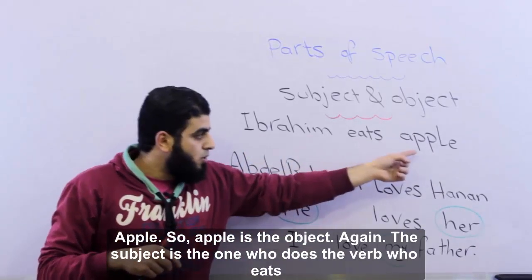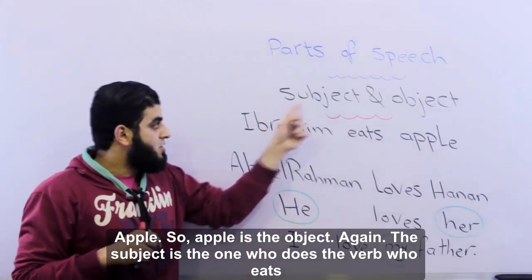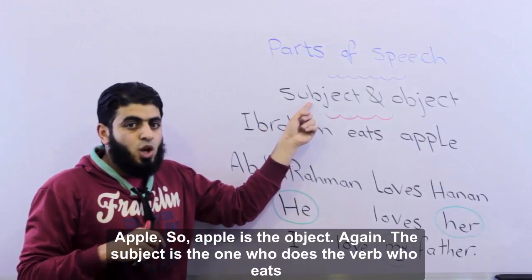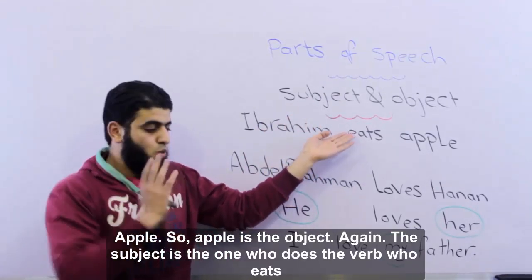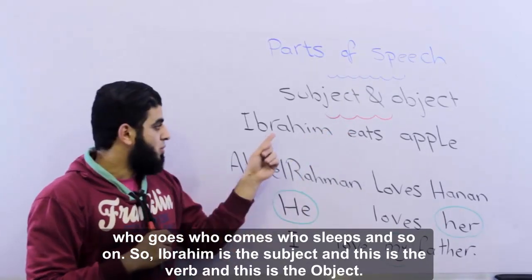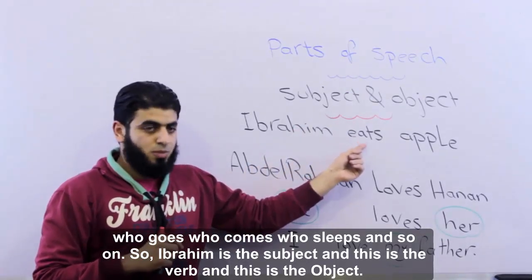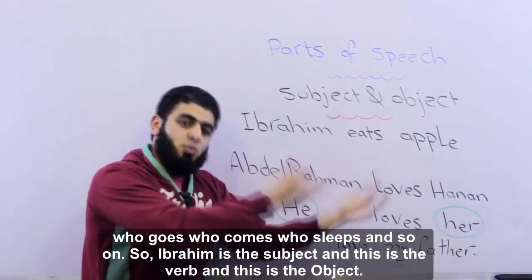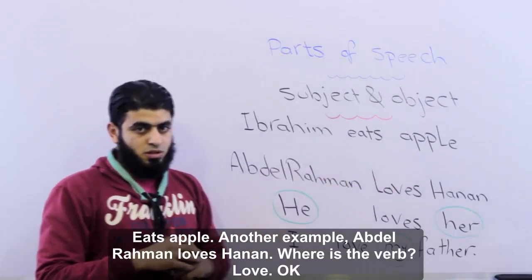Apple. So apple is the object. Again, the subject is the one who does the verb. Who eats, who goes, who comes, who sleeps, and so on. So Ibrahim is the subject, and this is the verb, and this is the object.